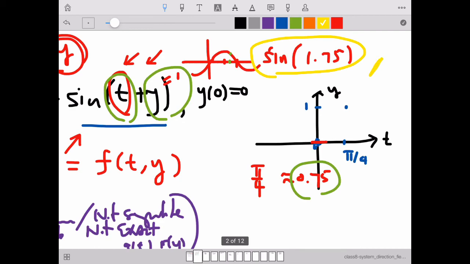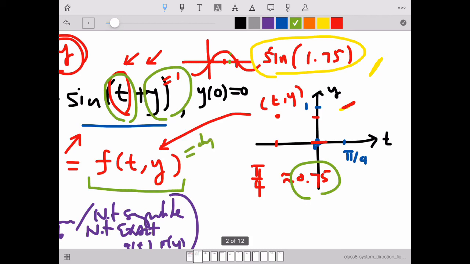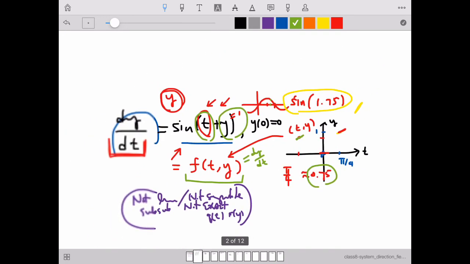Slope 1 is exactly the diagonal, so this is somewhat flatter than 1, but positive. So pick a random (t, y), put that point into f, compute the slope dy/dt at that point, and then draw a little line segment. You can do this by computer.